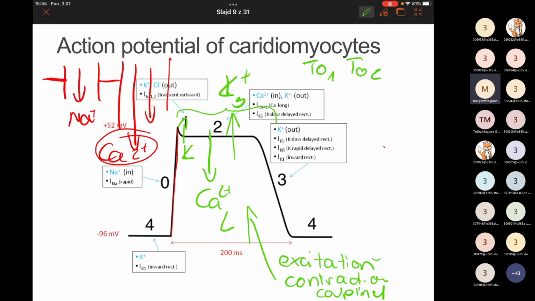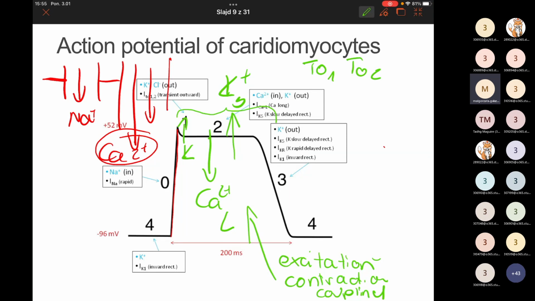Slowly, the influx of calcium ions through the L-type calcium channels is reduced, and the potassium outflux from the cell causes the membrane potential to decrease.